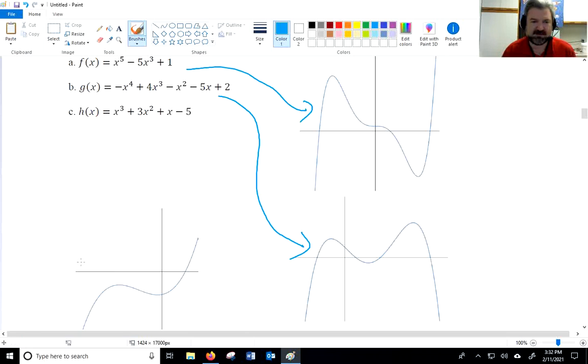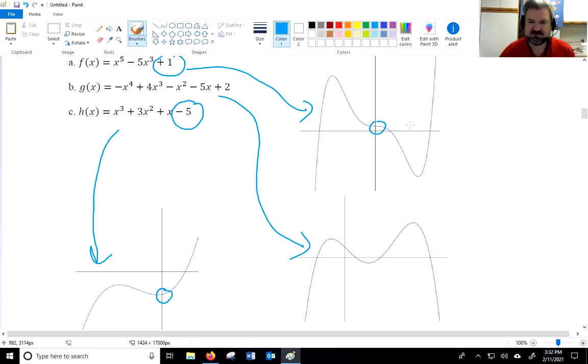Well, this could go with A, but if I have to pick, this would go with it because it's got a y-intercept of negative 5. You see that? And this has got a y-intercept of positive 1. So that's one other piece of information you can use to help you distinguish.